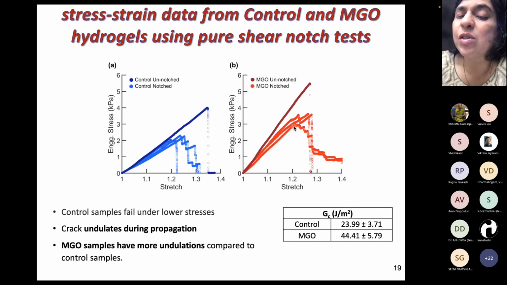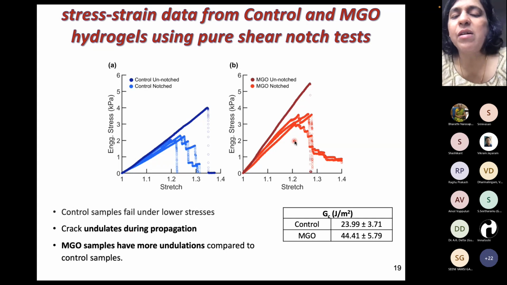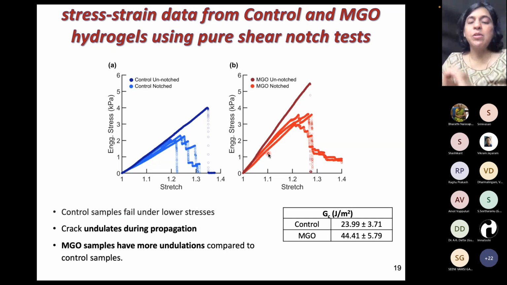Before that happens, we also see many additional little steps with NGO crosslinks as compared to the control. So one is that the control samples are failing under lower stresses. Second is there are many undulations of this crack as it goes through the sample. And third is that the NGO samples have many more undulations as compared to control.